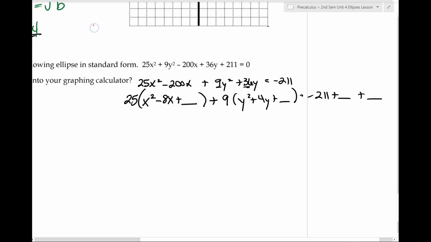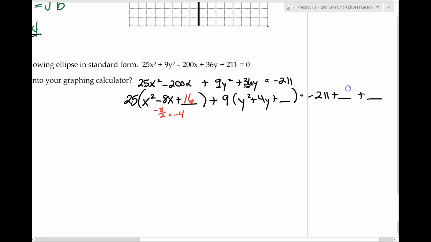Just like with completing the square before, we're going to do our x squareds together. Do you guys agree with me? I take negative 8, divide by 2, that's negative 4. I square that, so I get 16. So with this, we had that plus 16. Naturally you think over here, oh, I'm going to go plus 16.